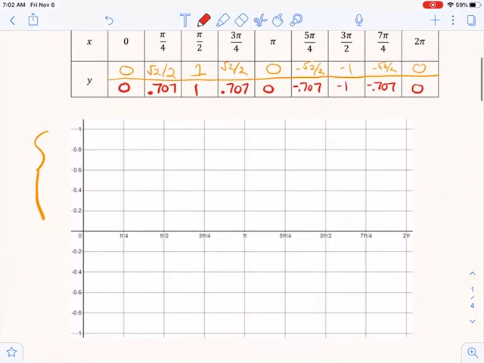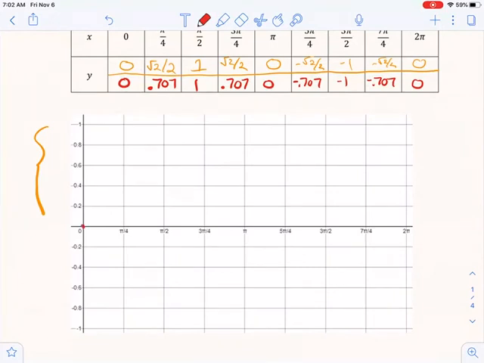Then we're going to start graphing this. I've got 0, pi over 4 was 0.707, so I'm going to put it there, go up to 1, coming back down. 5 pi over 4 is negative 0.707, down to negative 1, and then heading back up. So we need to connect these points, and first and foremost, we definitely want to dismiss the straight line approach here.